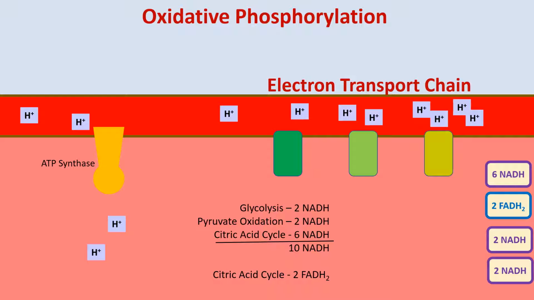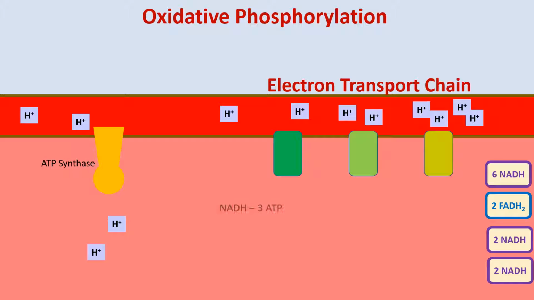And this means that NADH and FADH indirectly contribute to the production of ATP, and that's why these two molecules are important.